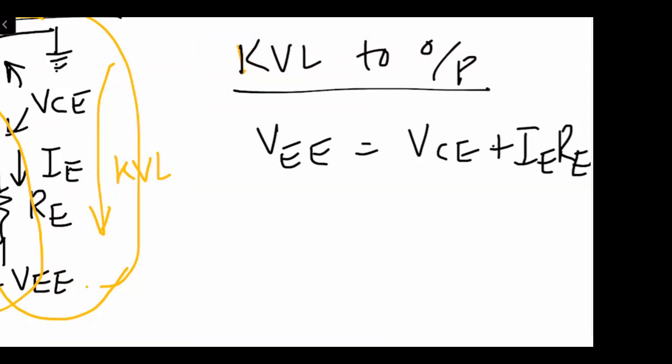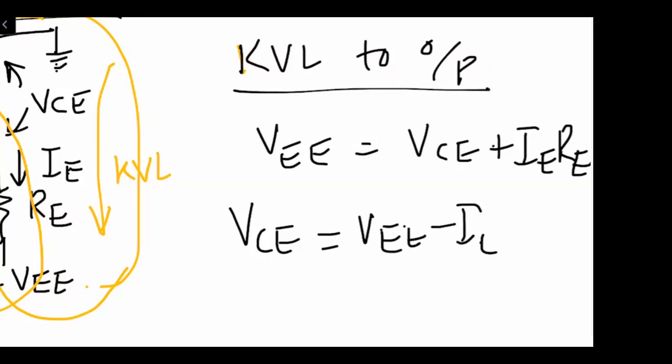Yes, sir. And similarly, we can say VCE is equal to VEE minus IE RE, right? And if you see this, we can find from here VCEQ and IEQ, right?